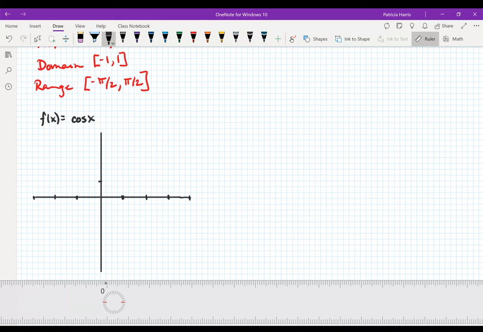Again, just a really quick graph. So what happens with cosine is we restrict our domain to this bit right here.